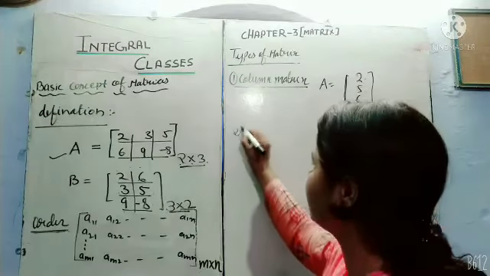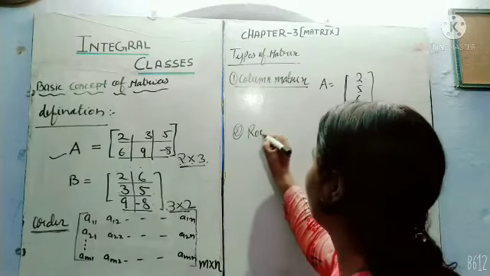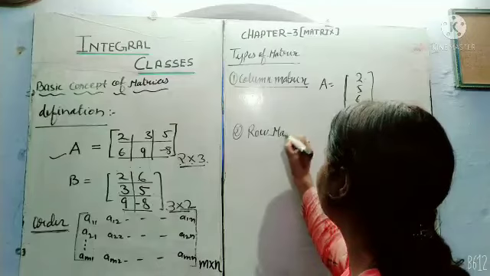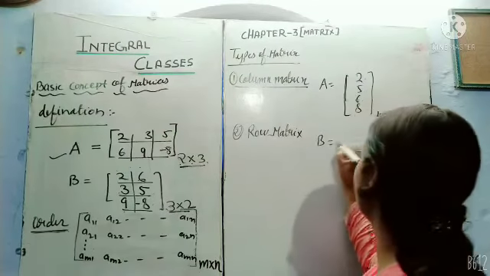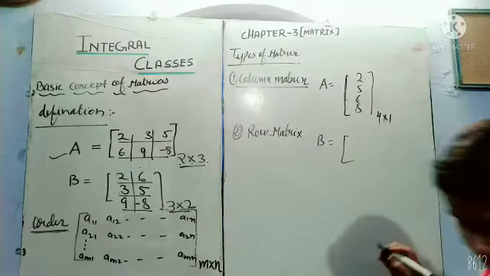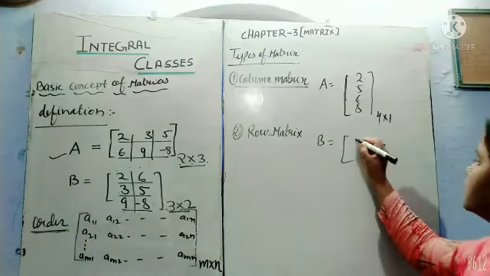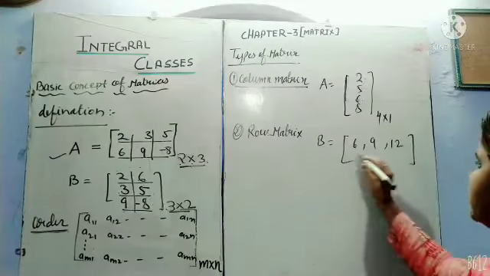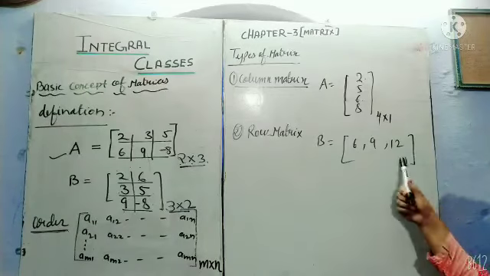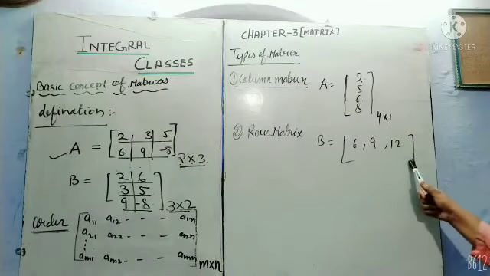On the other side, the row matrix. Suppose B is a row matrix and the example is 6, 9, 12. It is a row matrix. In a row matrix, only one row is contained.